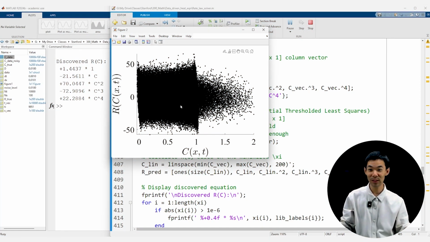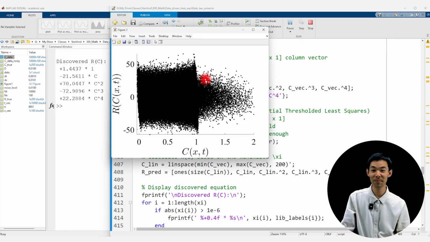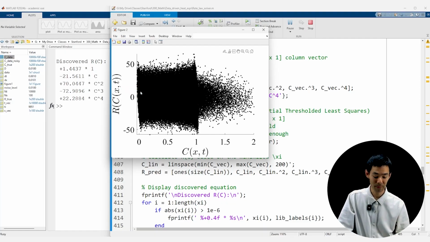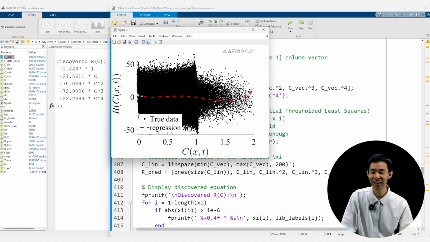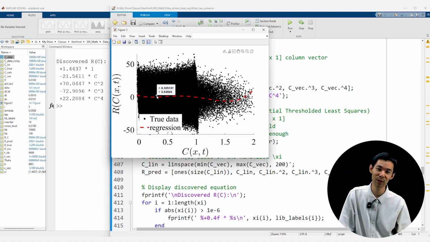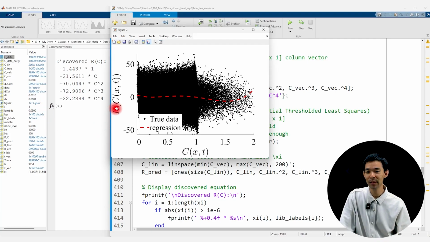And now, of course, if you're trying to fit across this messy data, the regression is not going to work well at all, right? If you try to fit this thing, you just get a bogus fit. That's what's shown in red. It's just trying to fit through noise. So you can see that the so-called discovered model has every single term in it: one, linear, parabolic, cubic, quintic.